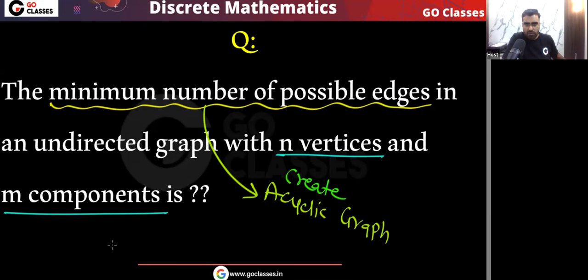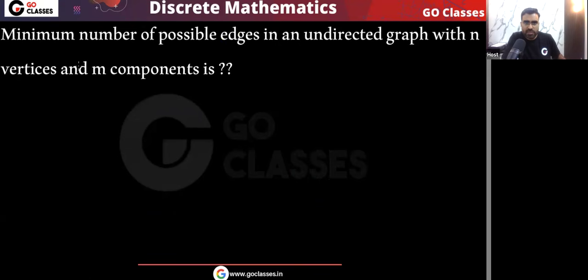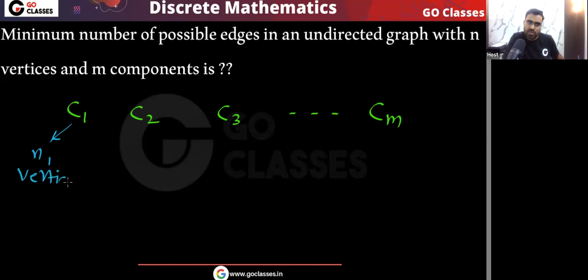Now you are creating an acyclic graph where there are m components. For example, these are the components: component 1, component 2, component 3, and there are m components. I don't know how many vertices are in each component. Let's assume there are n1 vertices in this component, n2 vertices in this component, and so on, nm vertices in this component.